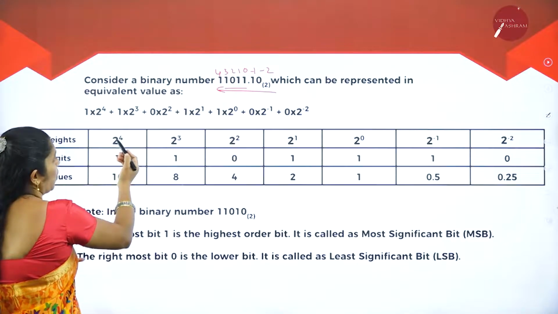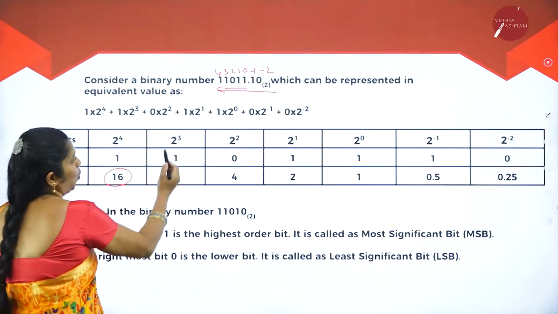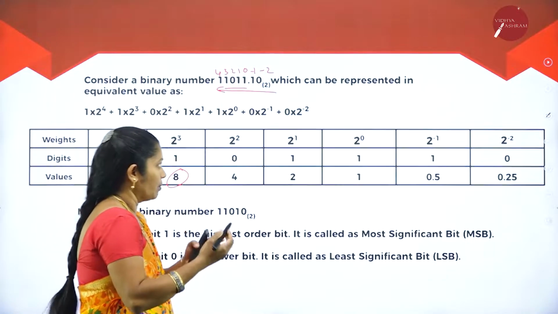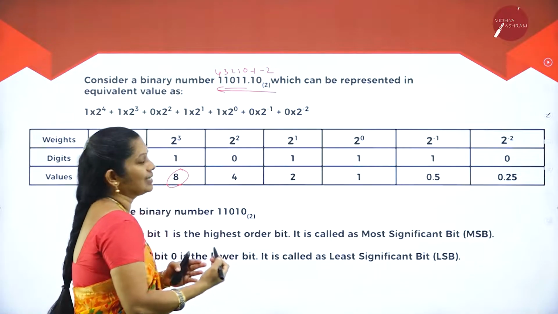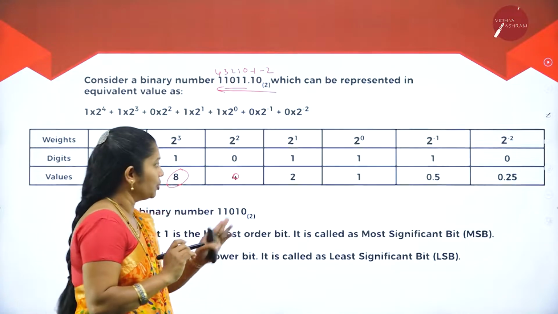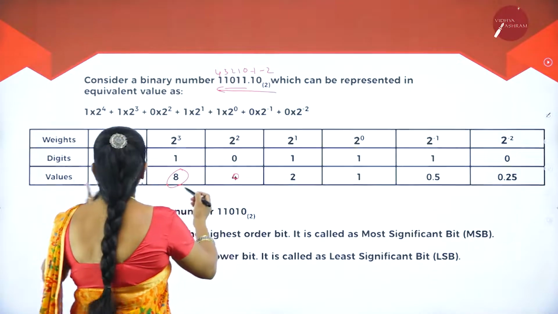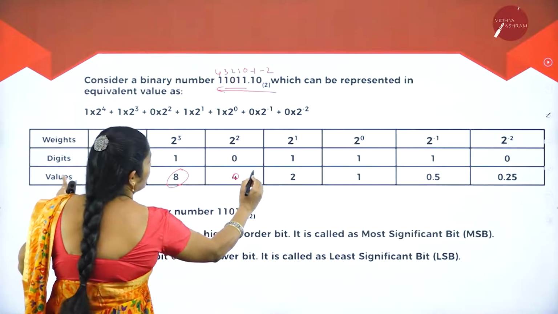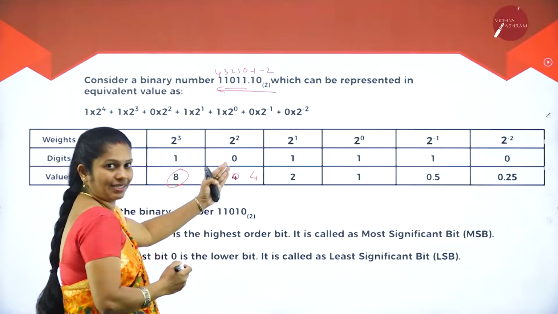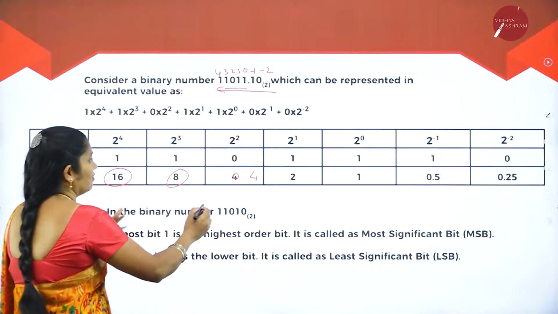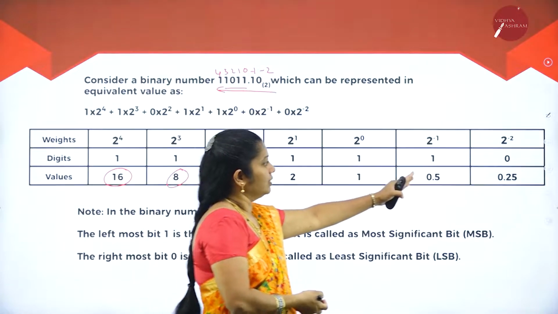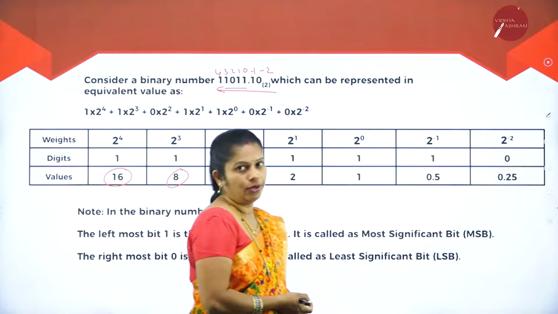Then this value is 1 into 2 to the power of 4, that is 16. 1 into 2 to the power of 3 is 8. 0 into any power always gives 0, because 0 into any number is 0. Then 2, then 1, then 0.5, and 0.25.